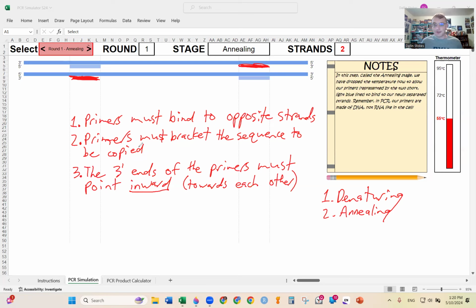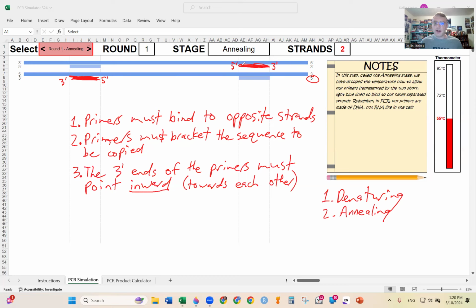They're sitting on either side of the sequence I'm trying to copy. However, notice here, if we look at my 5' to 3' orientation, the 5' end of this bottom primer here is on the right, and the 3' end is over here, and the 5' end of the top primer is on the left, and the 3' end is on the right.